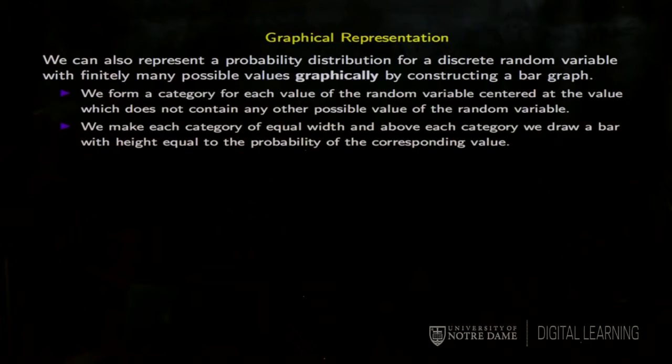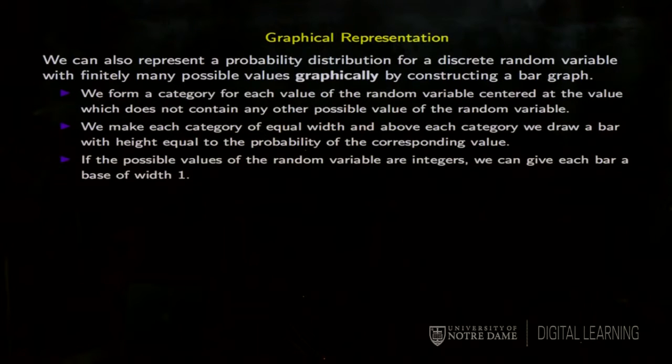And we make each category of equal width so that our final graphical representation adheres to the area principle. And above each category, we draw a bar whose height is equal to the probability of the corresponding value. If the possible values of the random variables are integers, then it's easiest just to make each bar have a base with width 1.